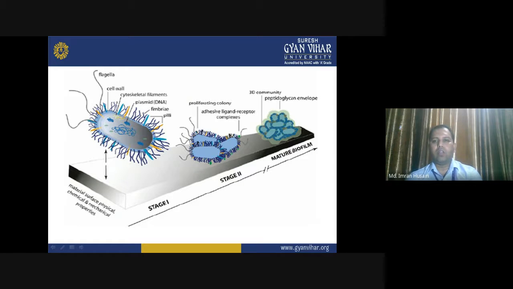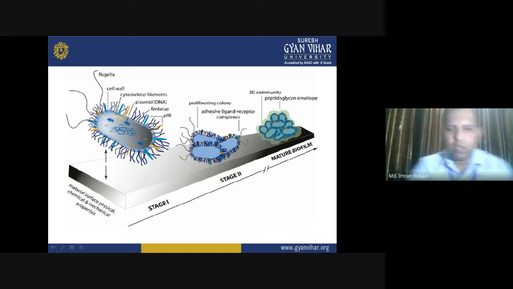Then a 3D community peptidoglycan envelope forms all around the mature biofilm. So these are certainly some stages of infection that significantly infect individuals.